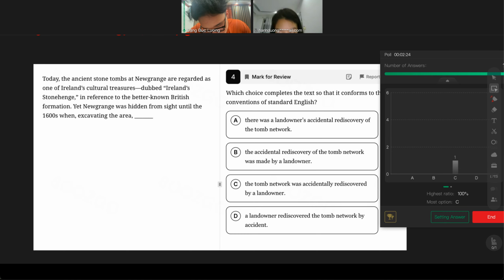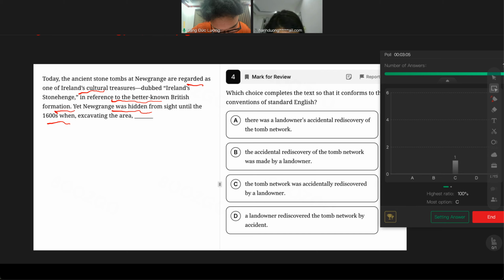Okay, I have to read here. Today, the ancient stone tombs at Newgrange are regarded as one of Ireland's cultural treasures. Yet Newgrange was hidden from sight until the 1600s when something happened.